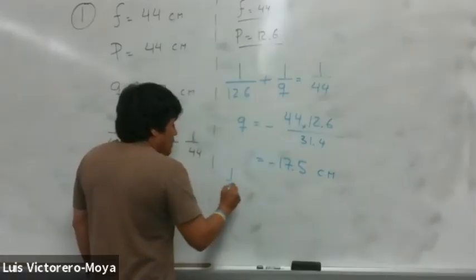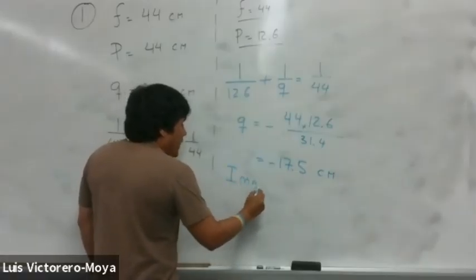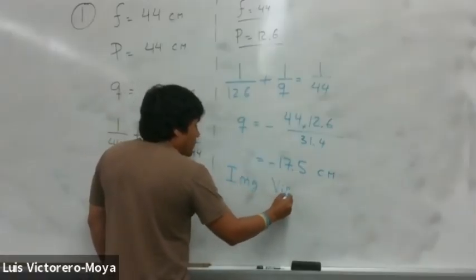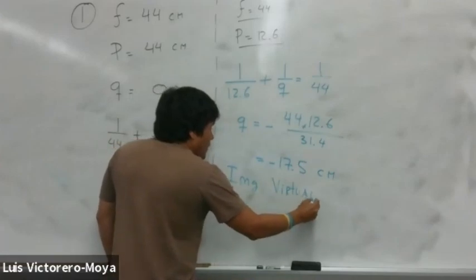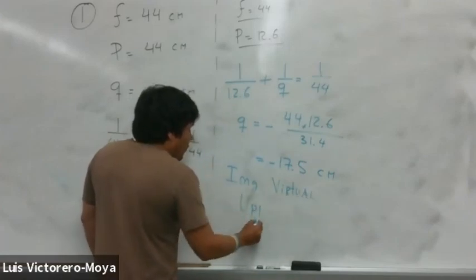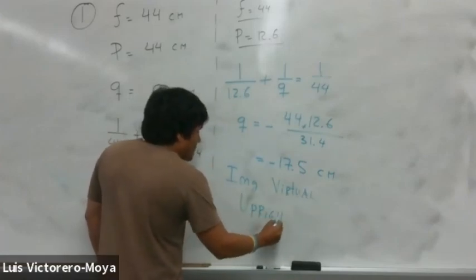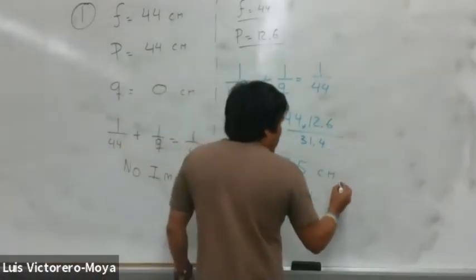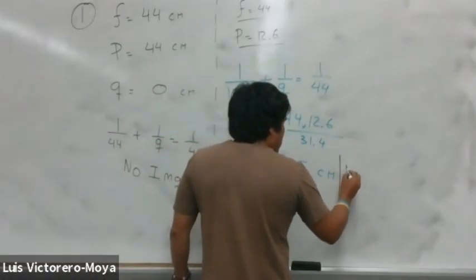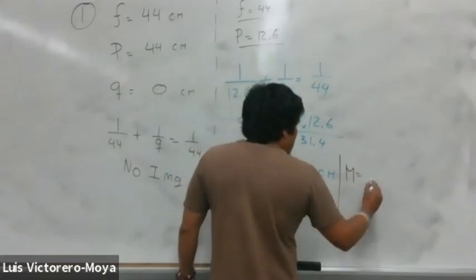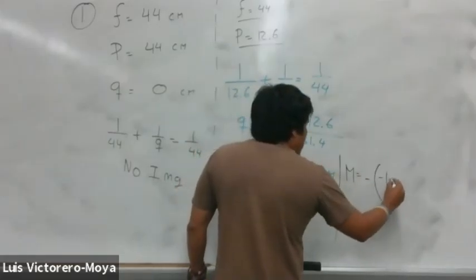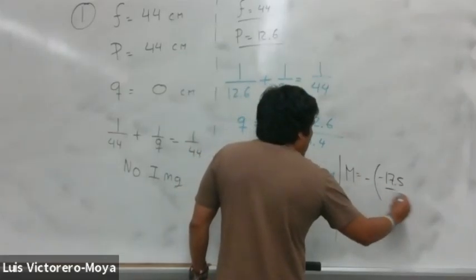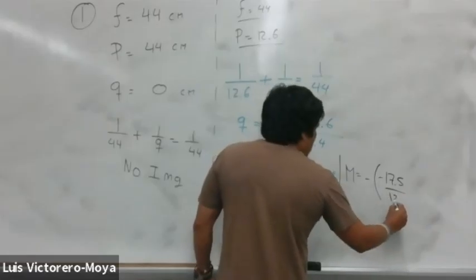So the image is virtual and upright. How do I know it's upright? So I look at the m. What's your magnification? Minus minus 17.5 over 12.6.